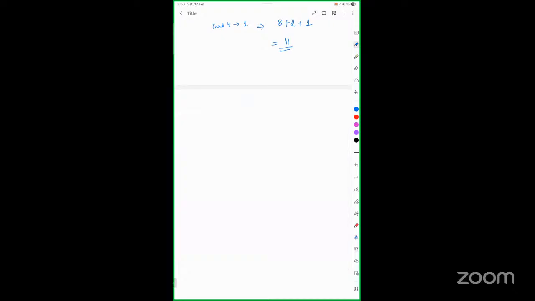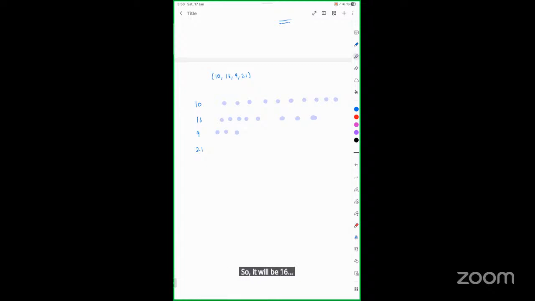The question was about four heaps: 10, 16, 9, 21. So there are blocks: this has 10, similarly this has 16, and this will be of 21, and so on.